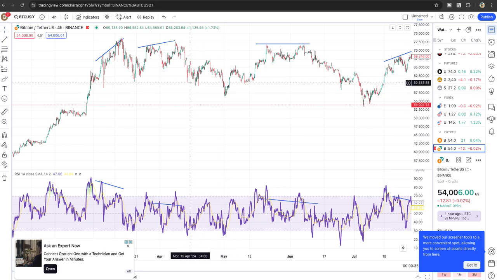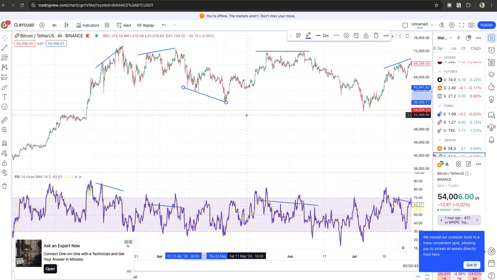Let me show you the divergence first. So first of all, you need to find the bottom here, and I'm drawing a line back to there. You can see lower lows are forming here.